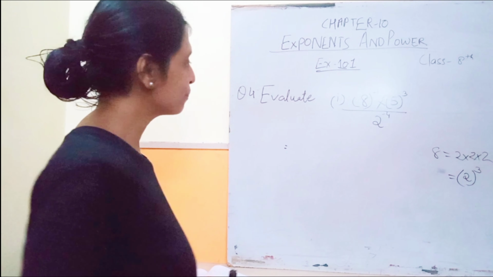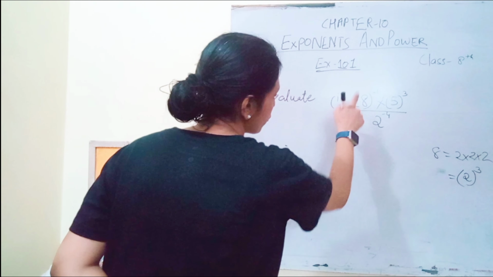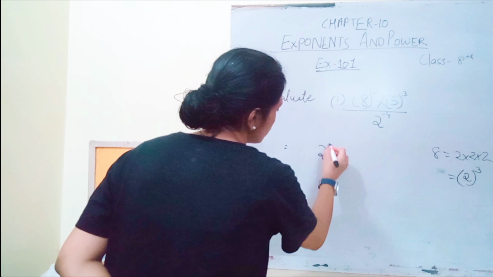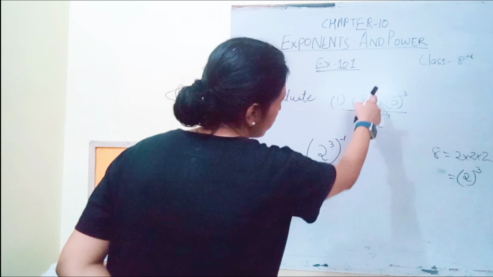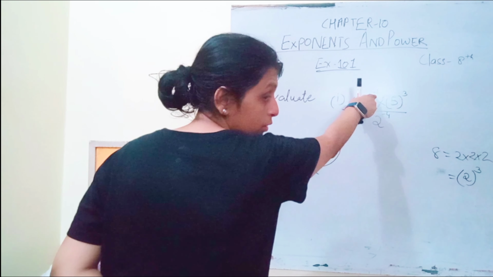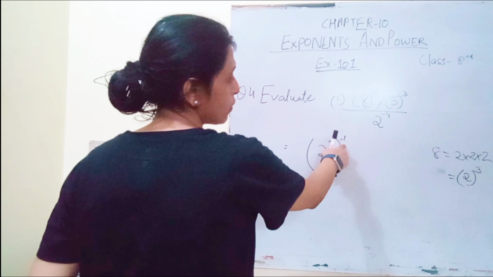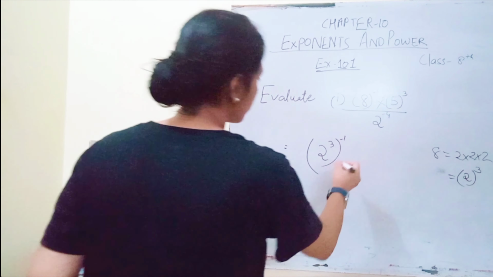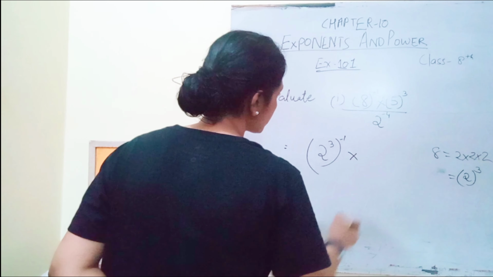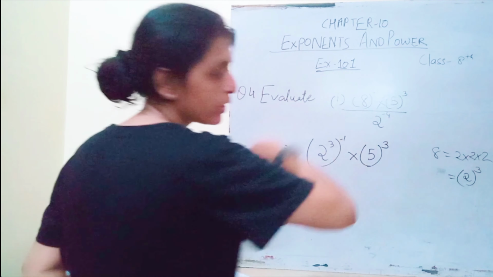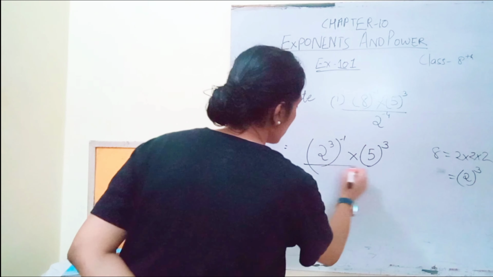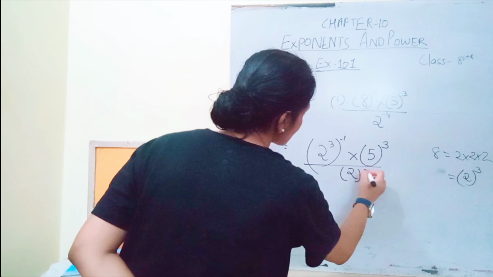Now in place of 8 we can write 2 raised to power 3 and the whole power minus 1. See here the minus 1 power is there, so we have to put it here, into 5 raised to power 3 upon 2 raised to power minus 4.